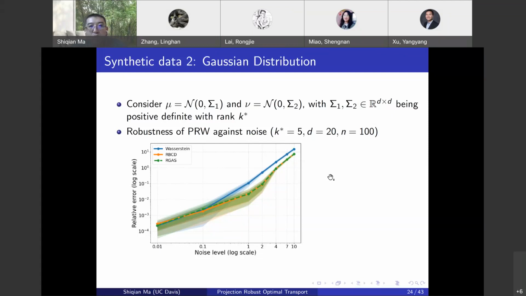Or let me put it this way: for this projected case, if you tune the entropy regularization parameter to be very, very small, will you still observe it being very robust, or will it be less robust than with a bigger one? That's a very good question.